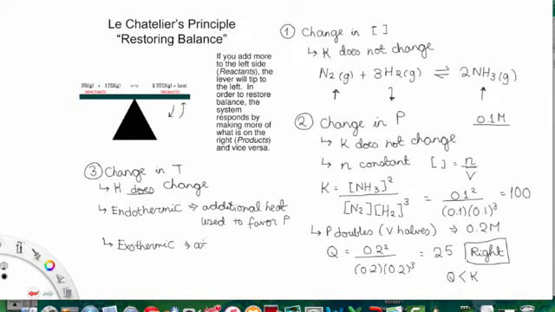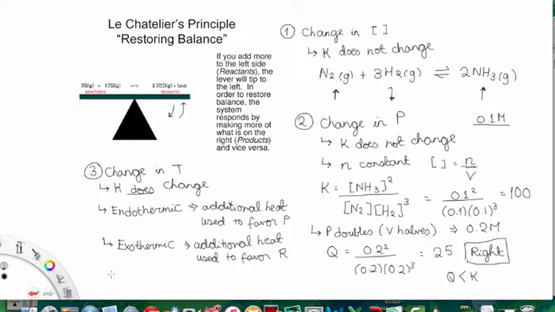On the other hand, if a reaction gives off heat, which is called exothermic, then the additional heat will be used to favor the reactants. The way in which I like to think about temperature is that it's almost like adding another element to your reaction.